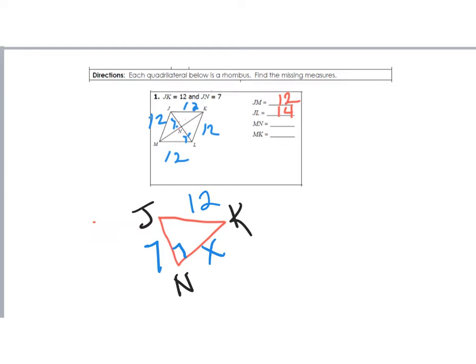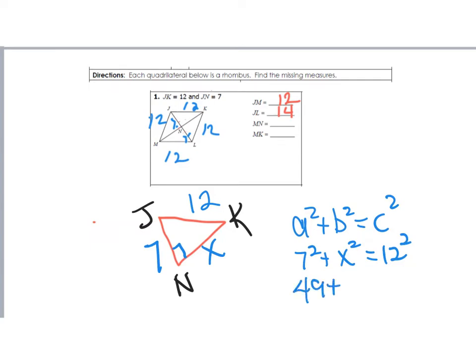So I can use the Pythagorean theorem and say a squared plus b squared equals c squared. I know my legs are 7 and x, and the hypotenuse is 12. So 7 squared plus x squared is equal to 12 squared. I get 49 plus x squared is equal to 144. So x squared is equal to 95, and therefore x is equal to 9.7.